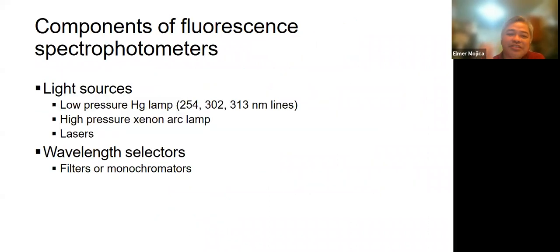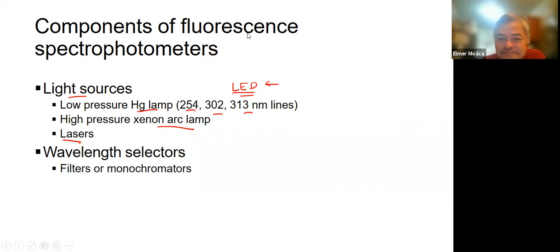Now, if we're going to look at the components of your fluorescence spectrometer, so I think this was just a review of what we have. So the light source that we have, you can have a mercury lamp with this line, the high pressure xenon arc lamp, and the lasers. Okay? I think meron pa akong dadagdagan dito. We have this LED. What's the meaning of LED?